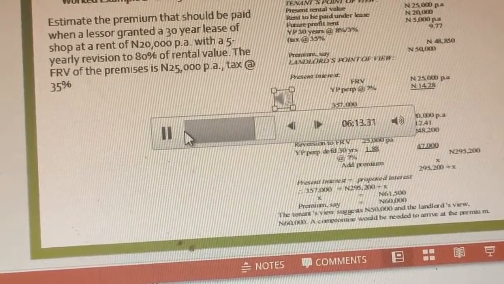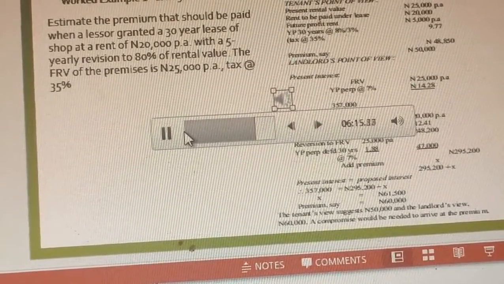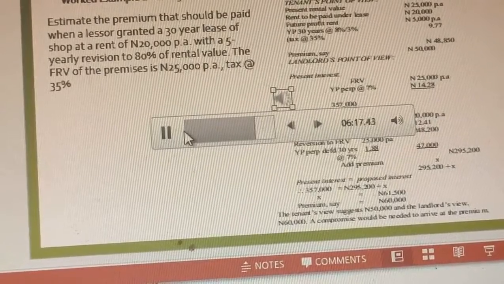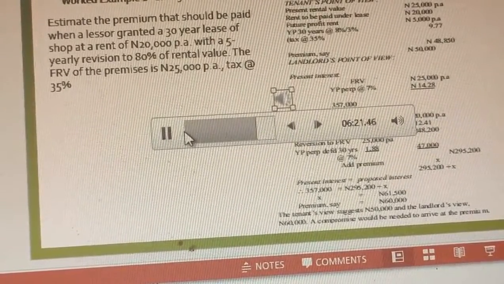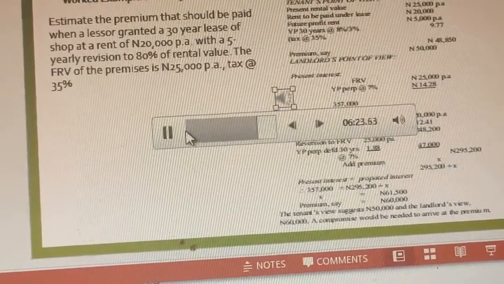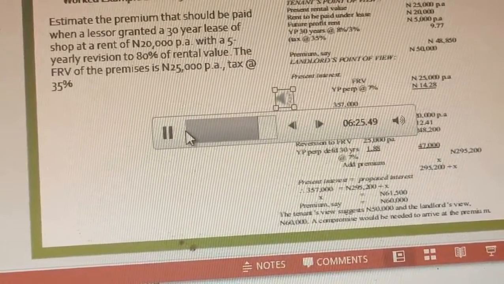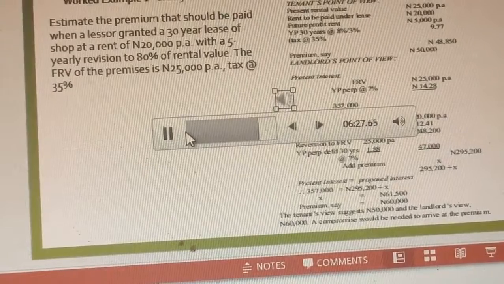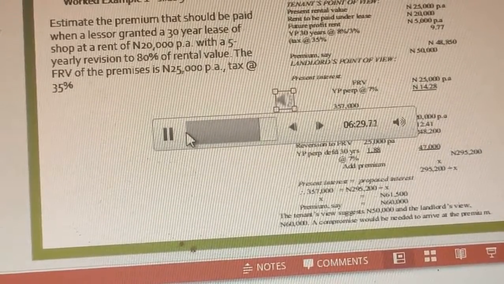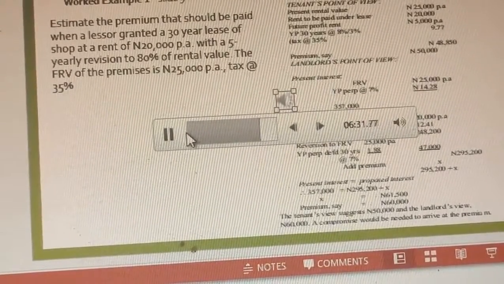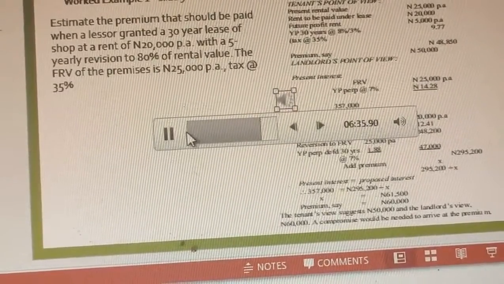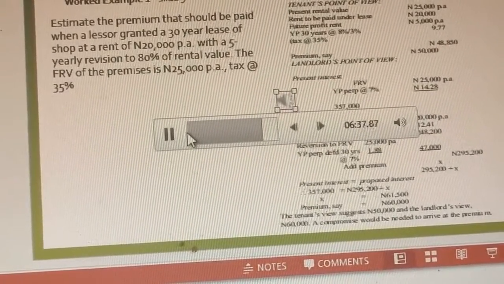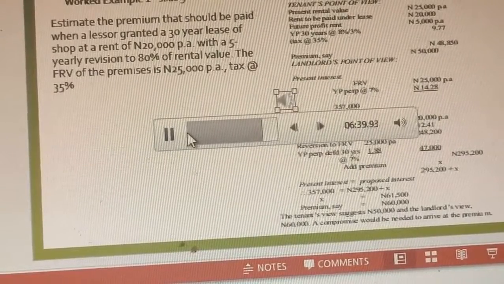And our principle is that present interest must be equal to proposed interest because no party is expected to lose. So present interest, which is, if you look up, you see it's 357,000, is equal to proposed interest. Proposed interest is 295,200 plus X. X will come out to be 61,500.